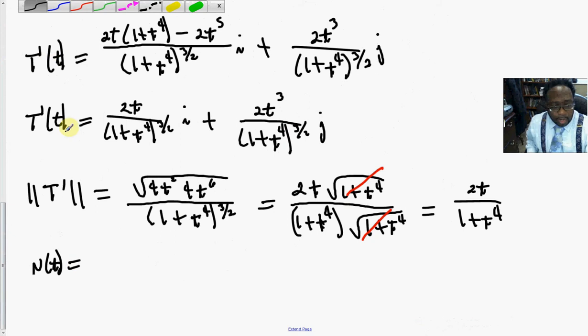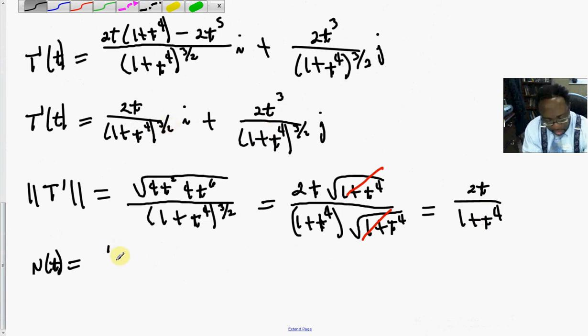It's T prime, there it is, divided by this norm of T prime. So we got 2t over 1 plus t to the 4th to the 3/2 power, divided by this 2t all over 1 plus t to the 4th. You see that the 2t's will cancel out. 1 plus t to the 4th will go to the numerator, divided by 1 plus t to the 4th to the 3/2 power.